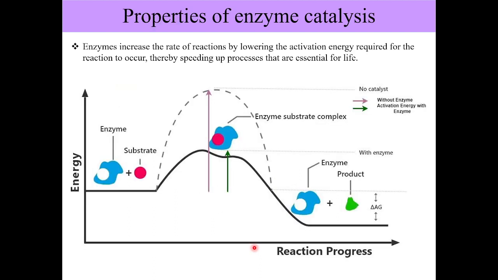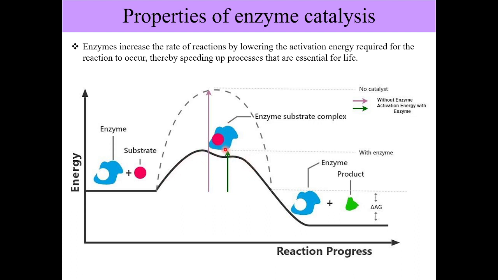Now we will talk about the properties of enzyme catalysis. So I told you that initially the reactants, if you look here, are at a higher energy level compared to the product. So here is the energy level of the product, here is the energy level of the reactants, and this is the amount of energy required for the reaction to happen. But then when enzyme comes into play, it lowers this activation energy up till only this level.